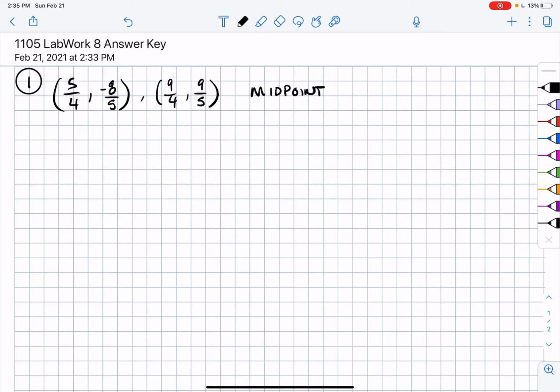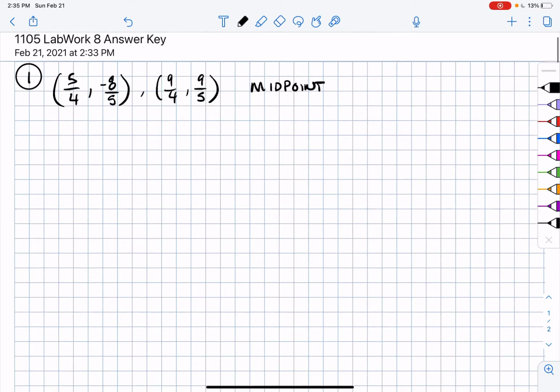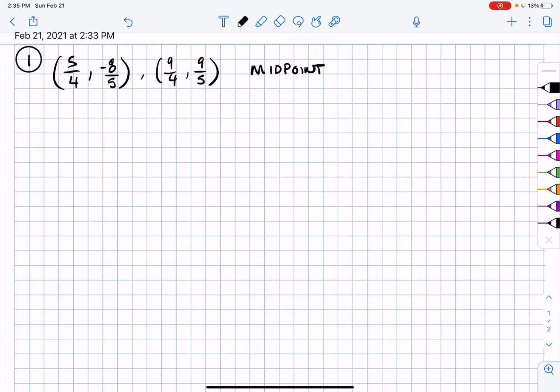Okay, so midpoint is just the average of those 2 points. So we're going to take the x values, add them together, and divide that by 2. Take the y values and add them together and divide that by 2.